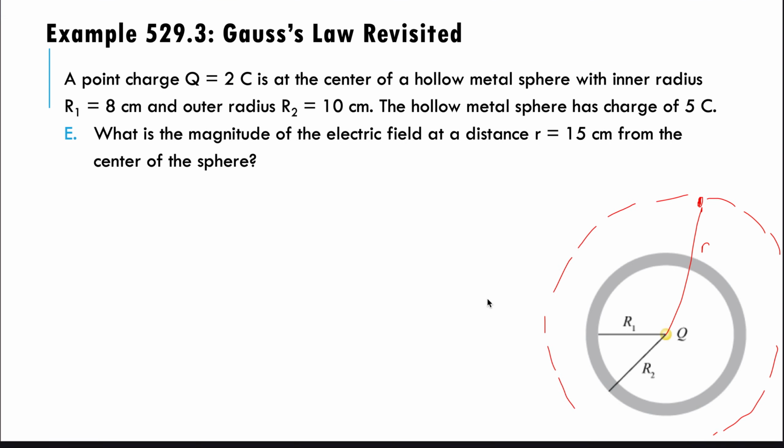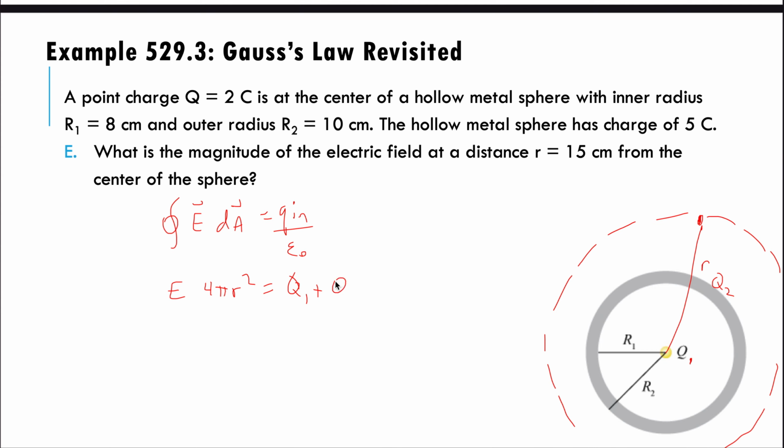And we write E times 4 pi r squared for the left side. And then we think how much charge is enclosed in this Gaussian surface. We have Q1. And then we have the charge of the hollow metal sphere here, which was Q2. So the total charge enclosed is Q1 plus Q2.